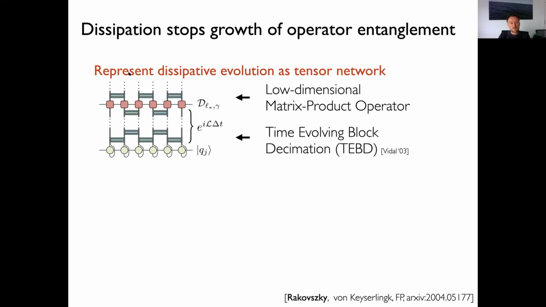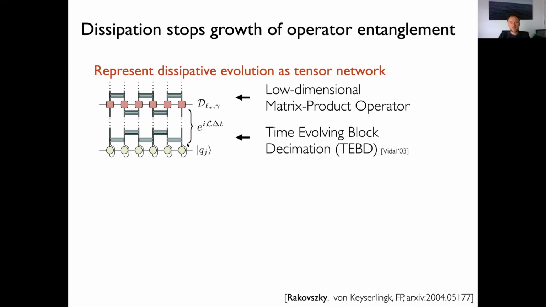So now we can represent the dissipative evolution of these operators in terms of a matrix product evolution, or using tensor networks. We first represent our initial operator, which is, for example, a simple sigma x operator acting on one site, in terms of a matrix product operator.